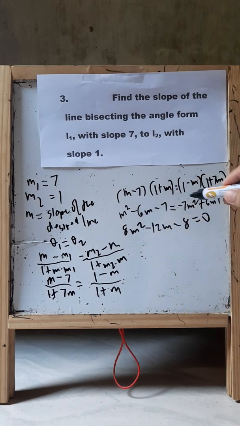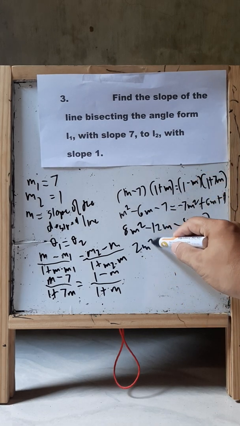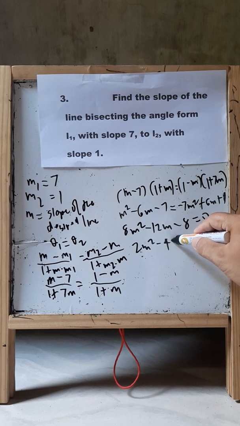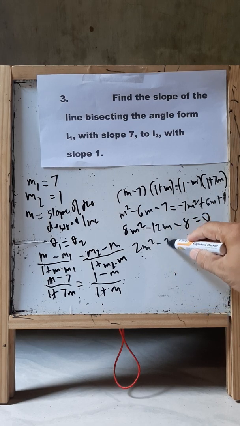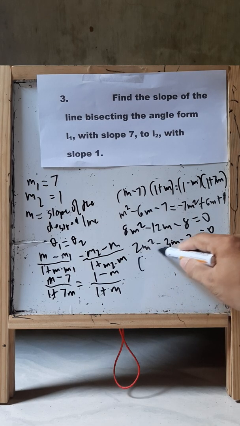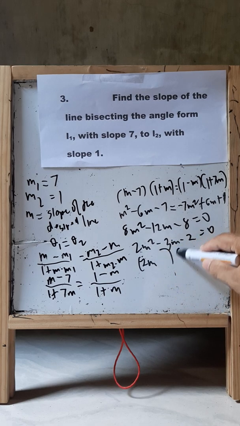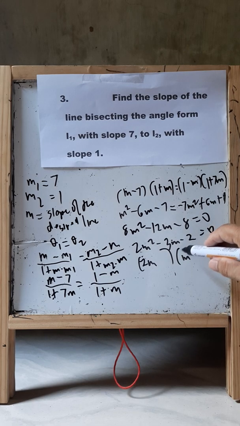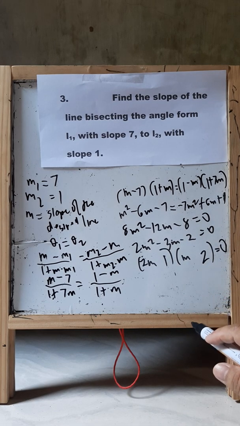Then divide all terms by 4 and it becomes 2M squared minus 3M minus 2 equals 0. Then solving the quadratic equation by factoring, we have 2M, M, equals 0. What are the factors of negative 2? Should be 1 and 2, one of which is negative.